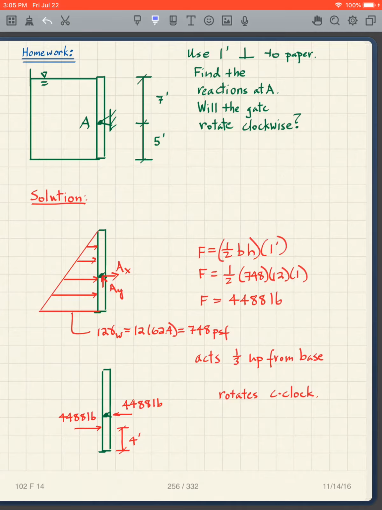And that means that we put in our B in this case will take us 748. The H, there's my H right there. The H is 12. And then we're taking 1 foot perpendicular to the paper.